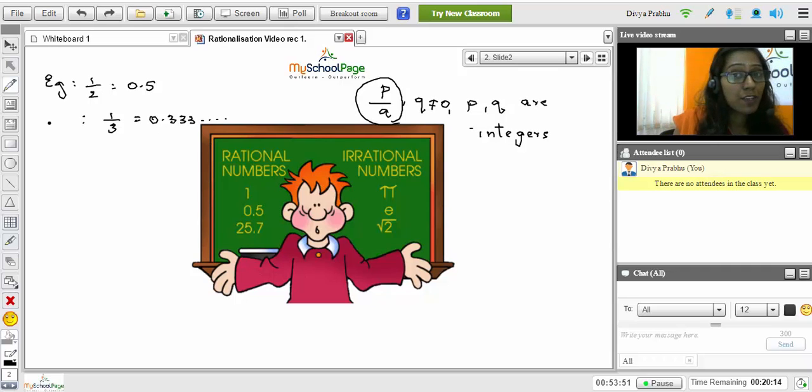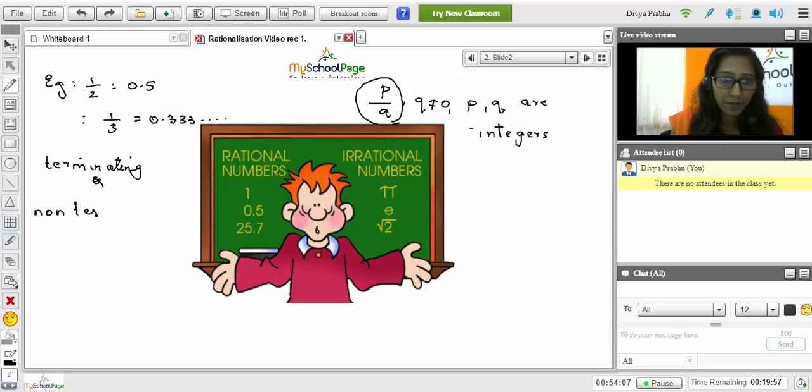So how are we going to define rational numbers based on these decimals? I can tell you they are either terminating decimal expansions, or non-terminating with recurring decimal expansions.